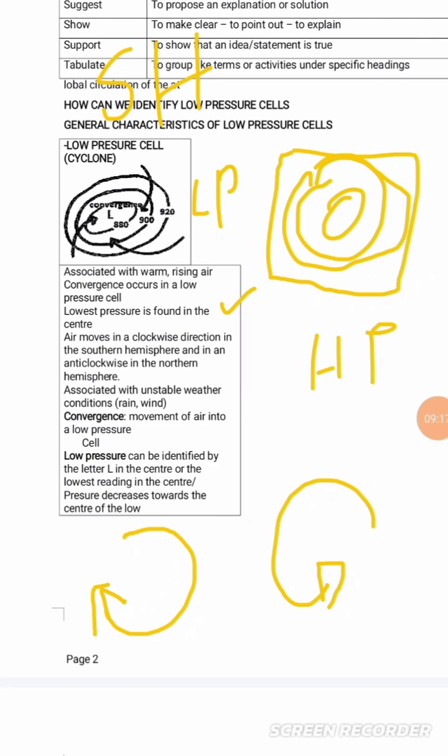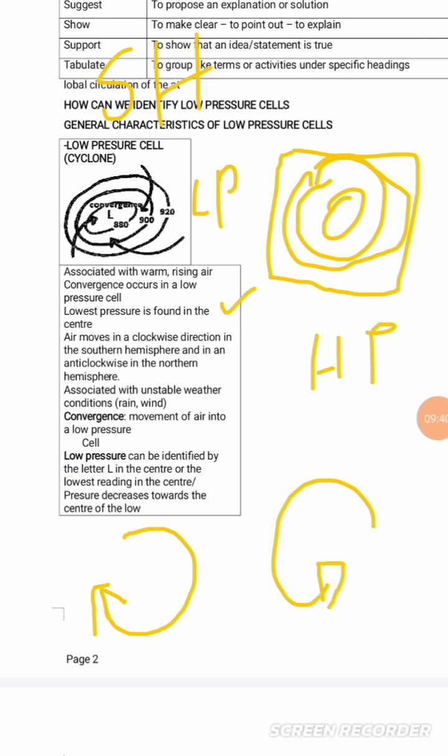We also need to know again the weather associated with the low pressure. To make this simple, you must make the differentiation. If this one is stable, the weather on this one is unstable. It means that on the high pressure it is stable.